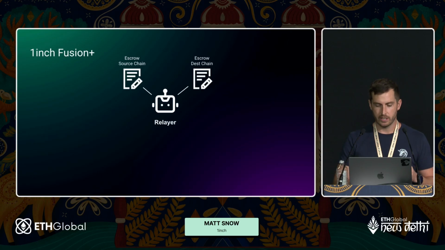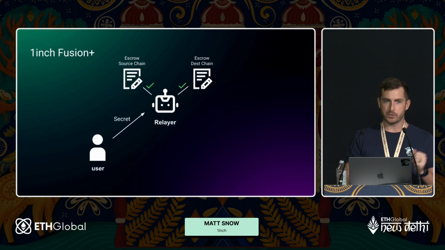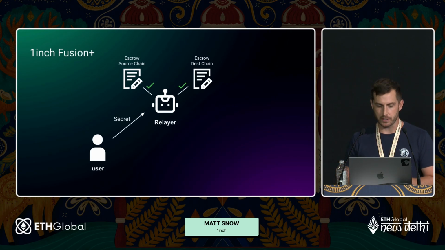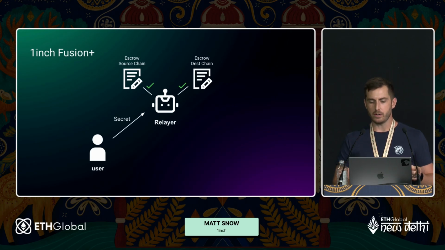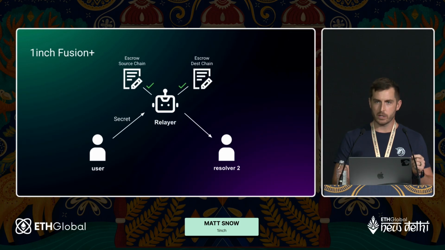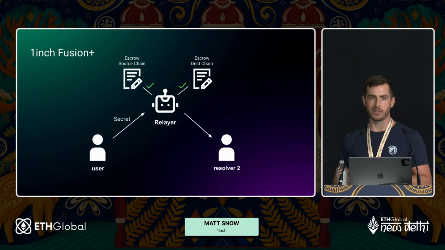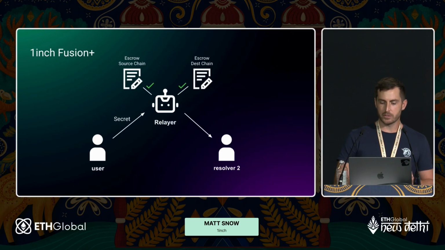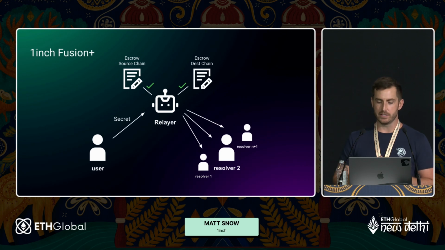Does everything look good? If it does, then the relayer will go to the user and ask the user to share the secret. The user shares the secret with the relayer, and then the relayer will share the secret with the resolver. This allows the resolver to unlock the funds from both contracts and facilitate the swap.